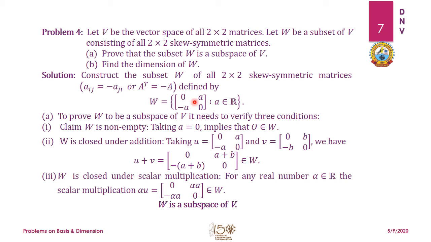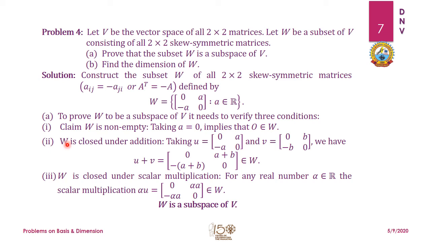So these two are of opposite sign. So this is the matrix consisting of these four elements where this A is taken from the real numbers. So our first claim, that W is non-empty, can be verified by taking A equal to 0, which implies that the null matrix 0 of order 2 cross 2 is a member of this W. So the first condition is met.